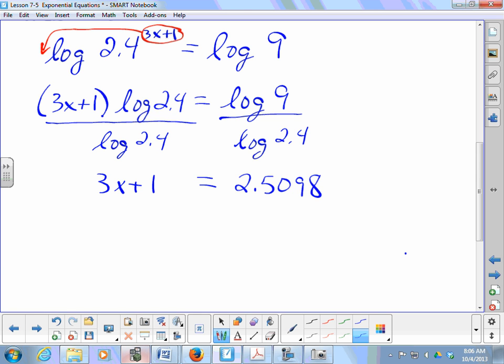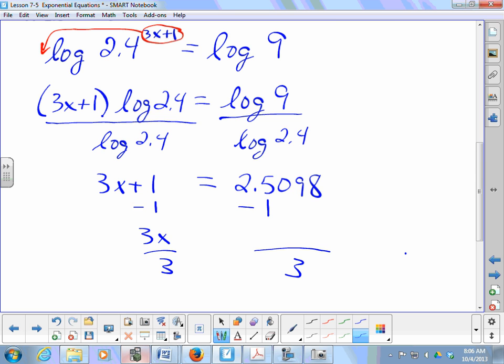Okay, so what's my next step then? Now I have this simple linear equation to solve. So we subtract 1, and then we're going to divide by 3.